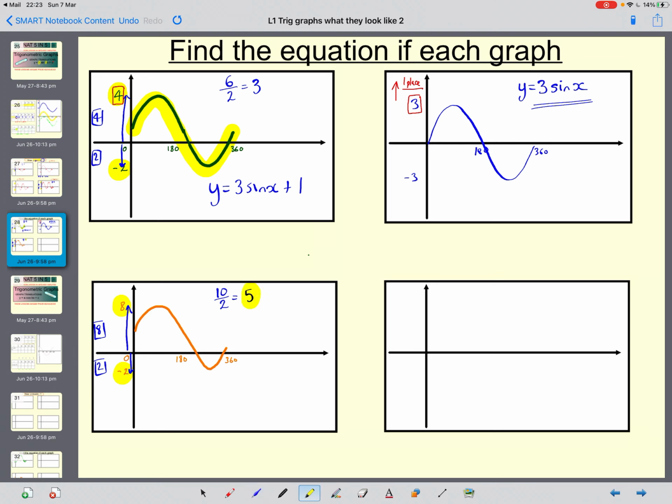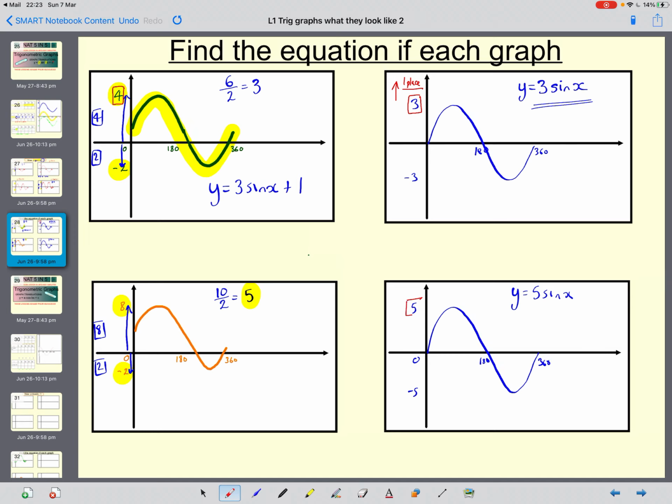So my amplitude should have been 5 before it was shifted. So a sine graph here, 0, 360, 180, up to 5, down to negative 5. So my graph was y equals 5 sine x, but then something happened to it.